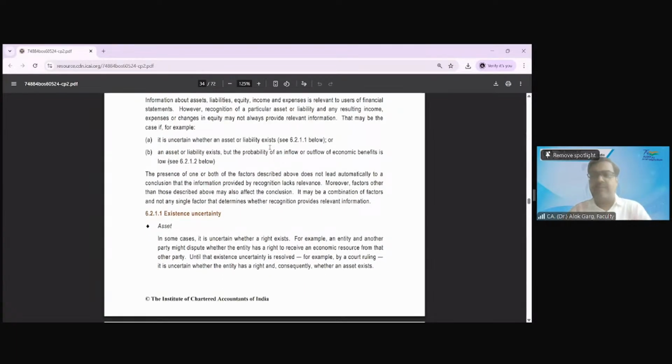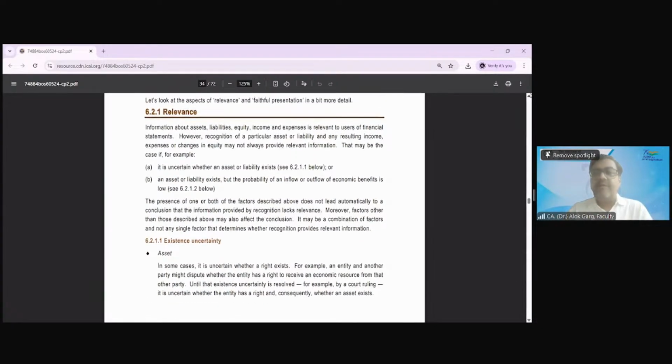What it's saying? Let me explain you. It says that for recognizing an asset and liability, it should provide relevant information. And for providing relevant information, right, you have to make this information complete in all aspects.